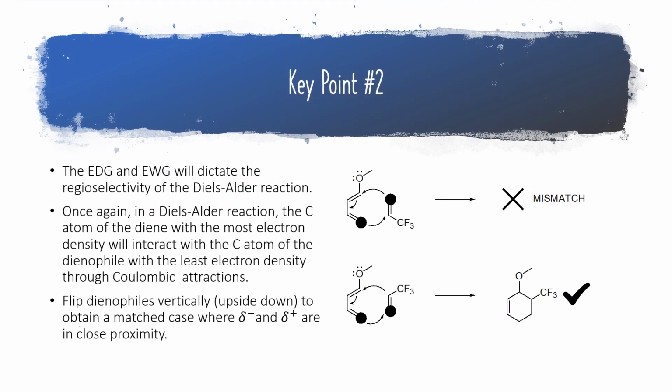This brings us to key point number 2. The electron donating group and electron withdrawing group will dictate the regioselectivity of the Diels-Alder reaction. Once again, in a Diels-Alder reaction, the carbon atom of the diene with the most electron density will interact with the carbon atom of the dienophile with the least electron density through Coulombic attractions.